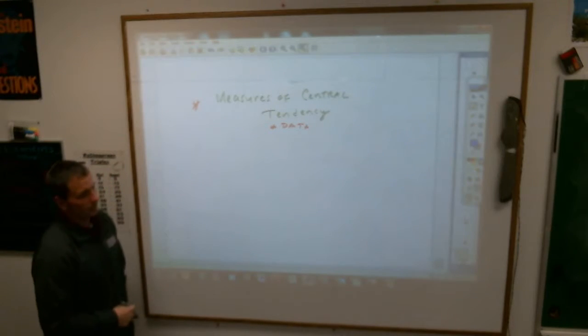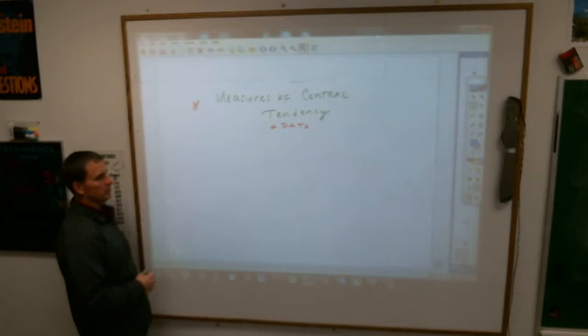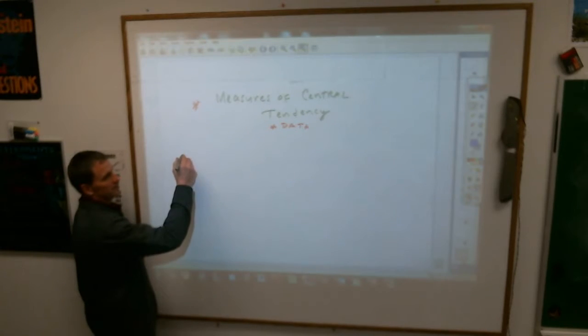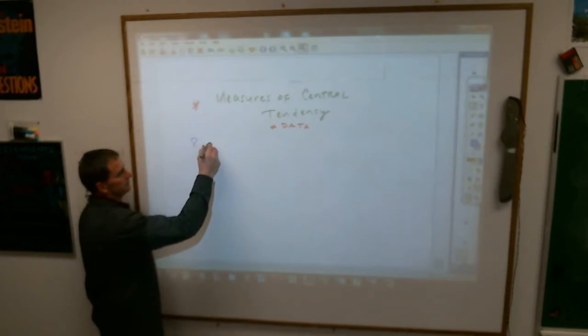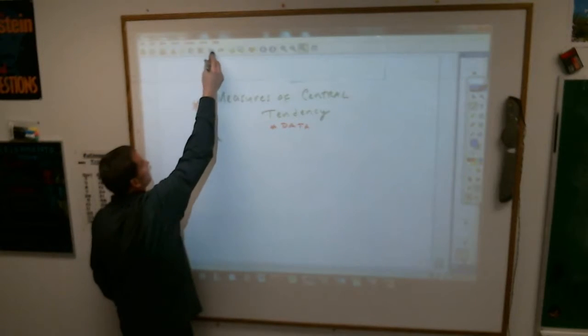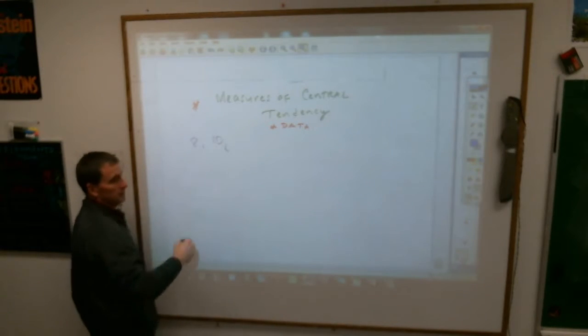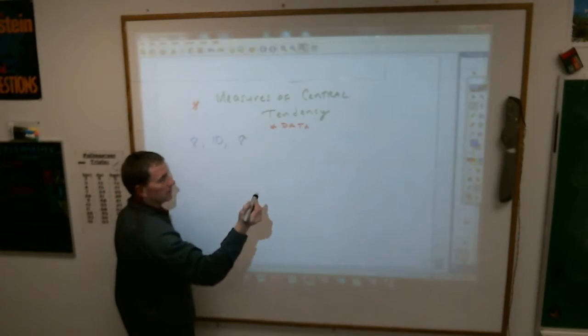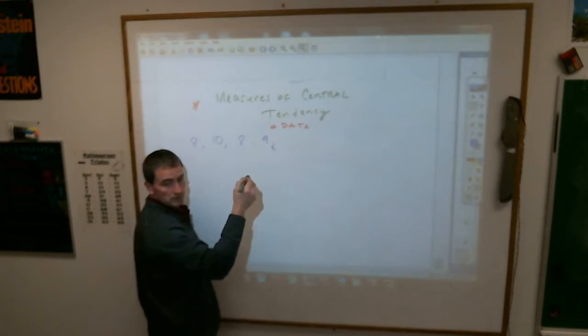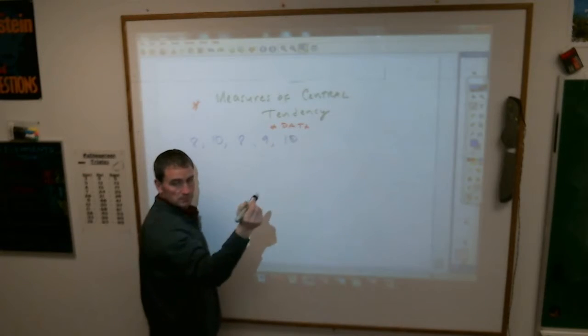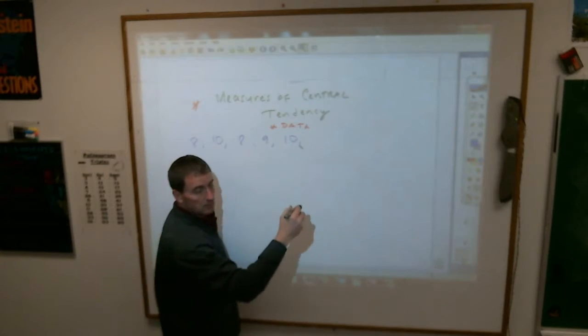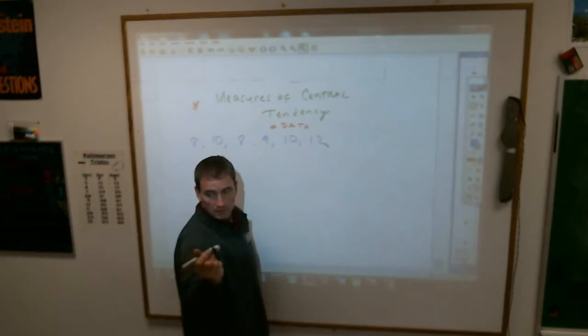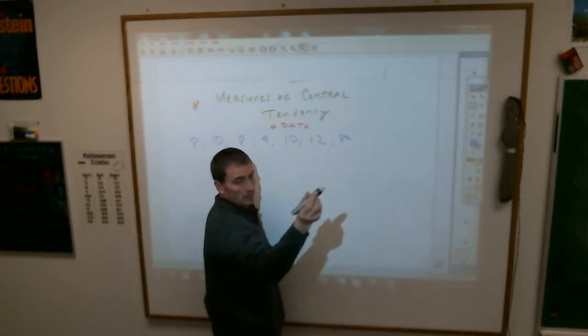Starting with the front row. Cameron, 8. 9. Kate, 10. 12. 8. 10.